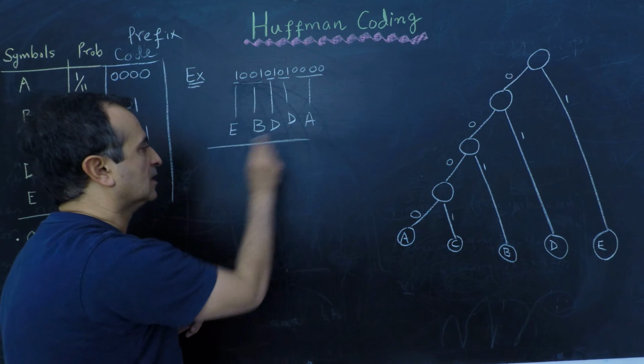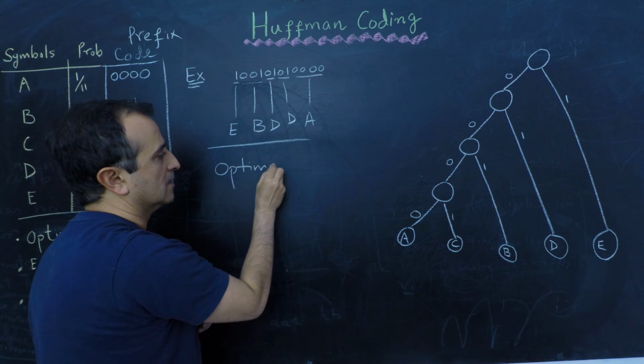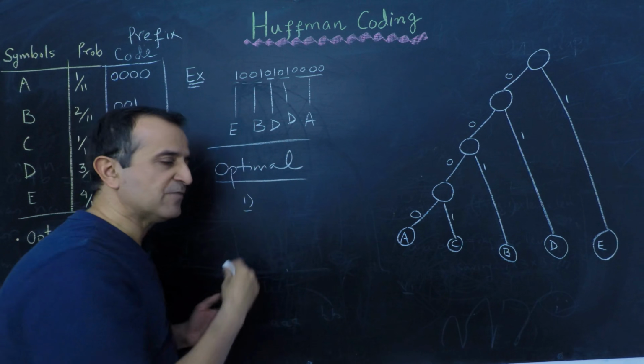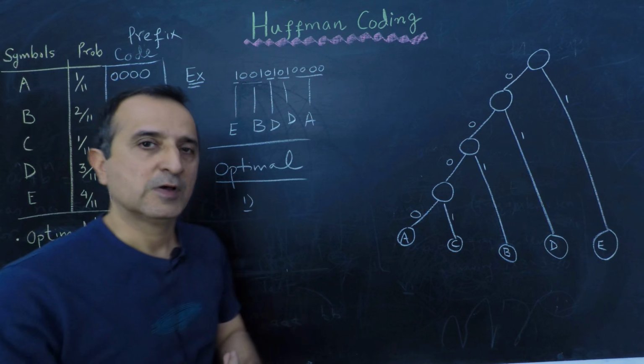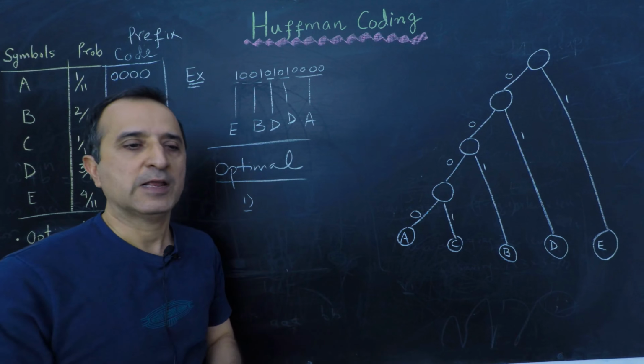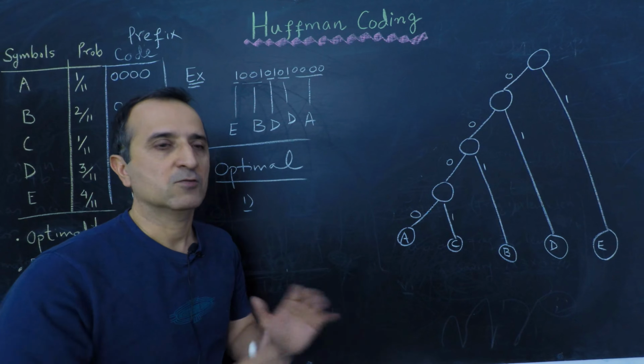Huffman coding is optimal only in prefix coding. There is a set of data compression algorithms in prefix coding, and Huffman coding is an optimal compression algorithm among those algorithms.